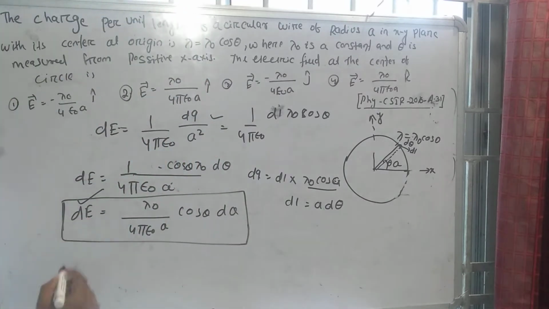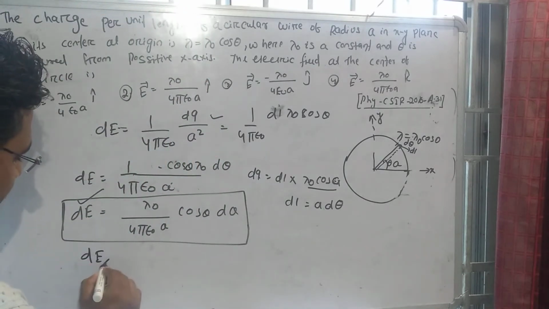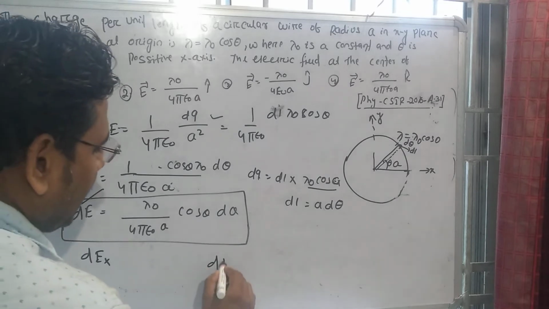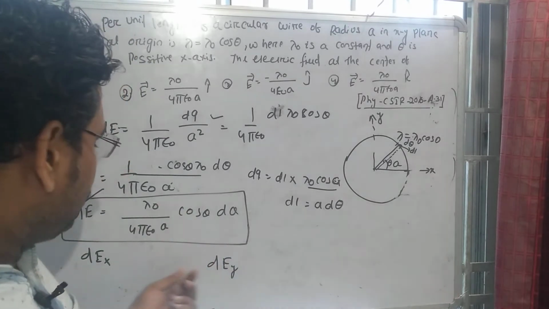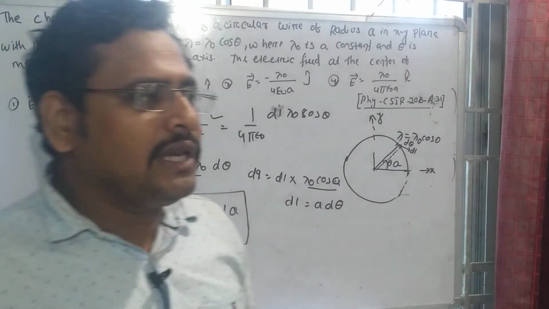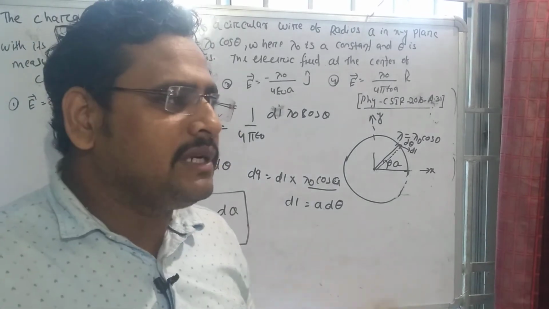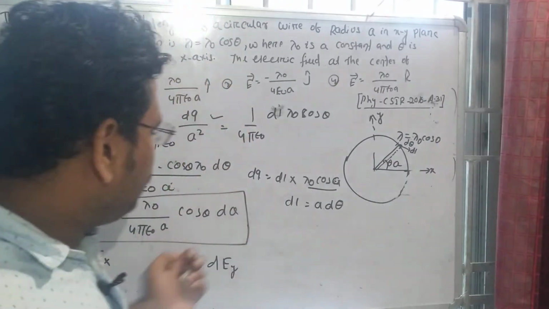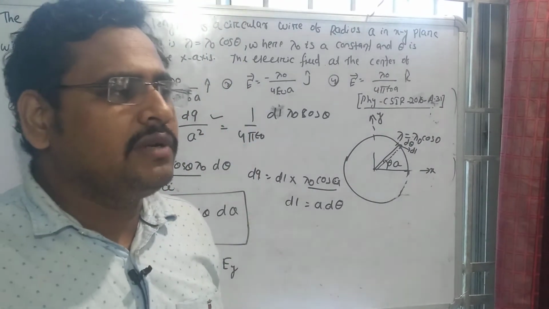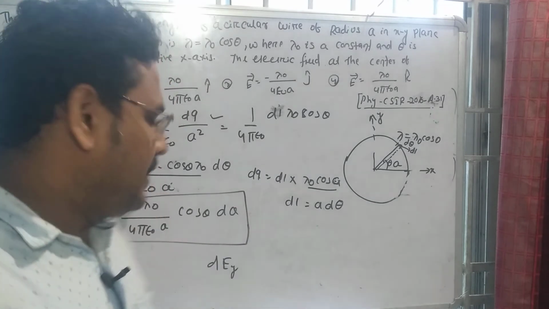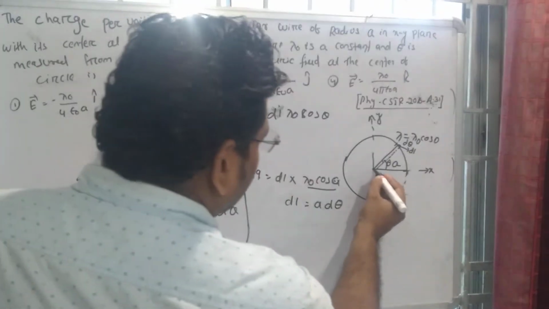So for that we have to find the x component and the y component of the electric field. Each component is a scalar, so we can integrate the x component and also the y component, and then find the whole electric field. So what will be the x component?